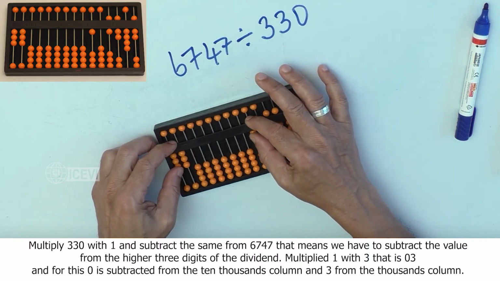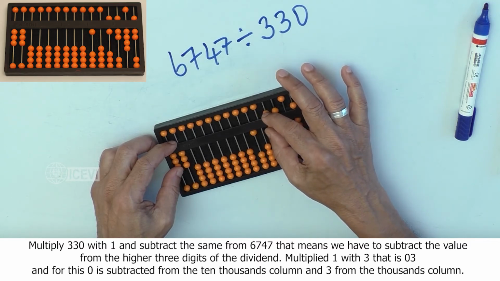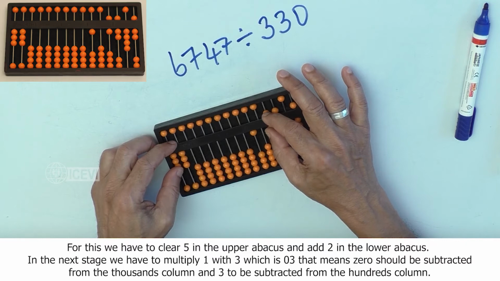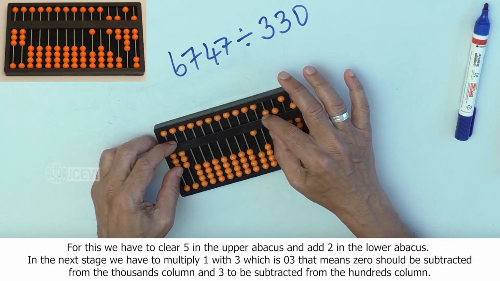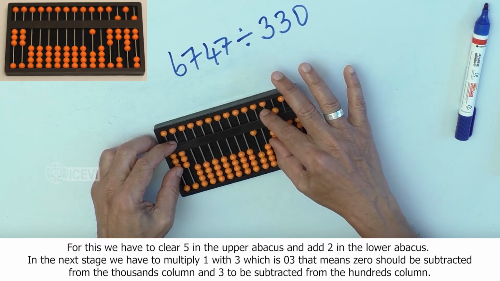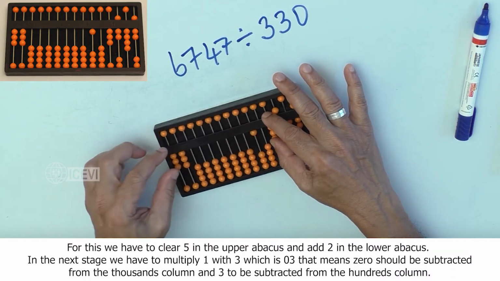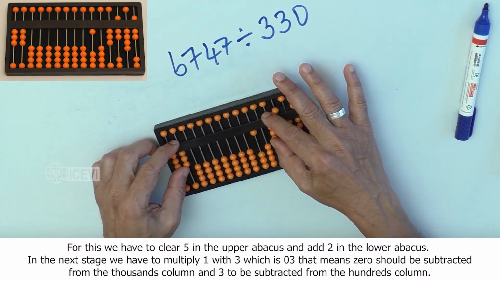Multiply 1 with 3, which is 0, 3, and for this 0 is subtracted in the 10,000s column and 3 from the thousands column. For this we have to clear 5 in the upper abacus and add 2 in the lower abacus. In the next stage, we have to multiply 1 with 3 again, which is 0, 3.